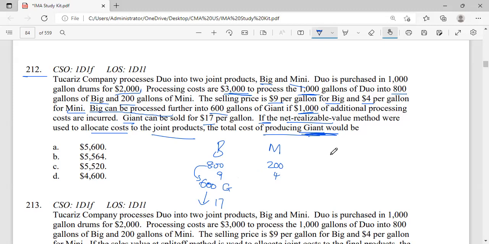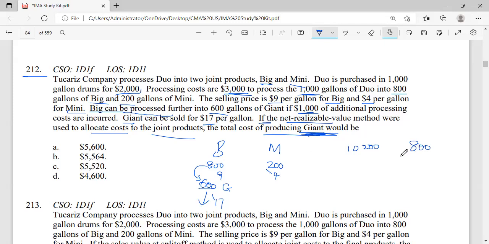First of all, what we need to do is 600 into 17 and 200 into 4. So 600 into 17. I hope you guys are having a calculator; I'm also using my calculator in here. 600 into 17 is equal to 10,200, and 200 into 4 is 800.